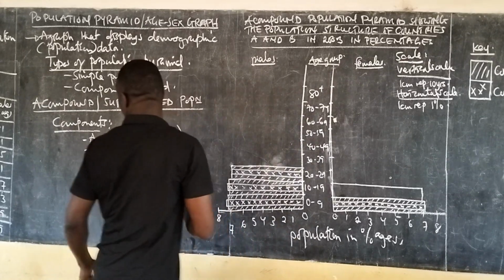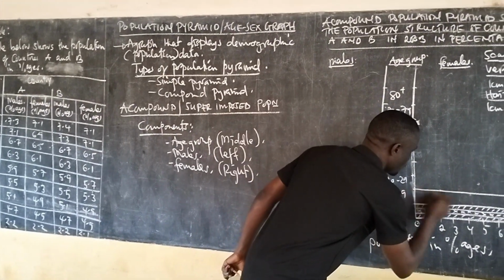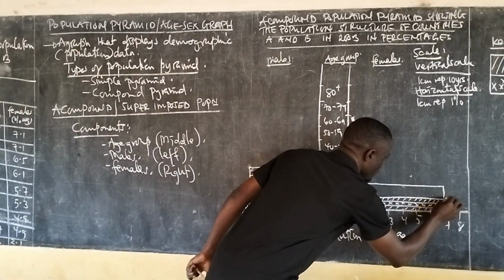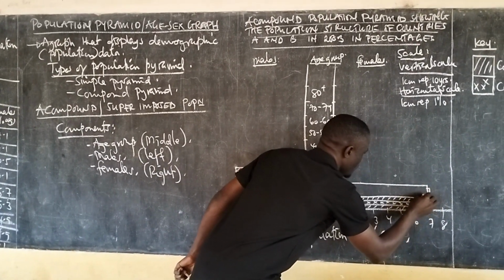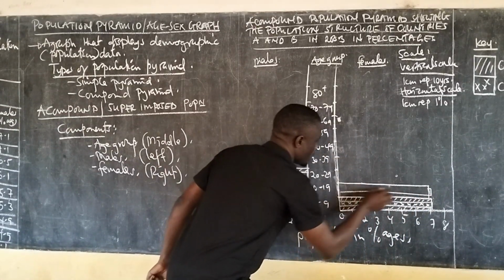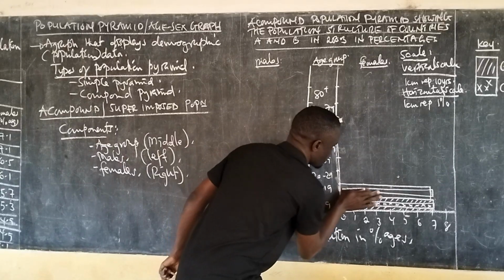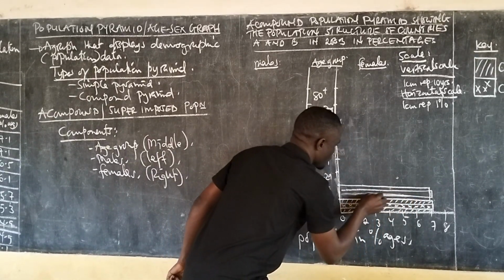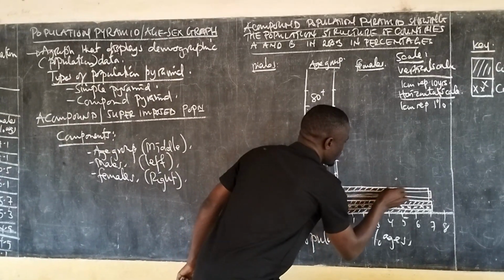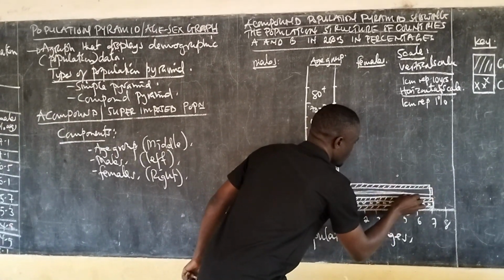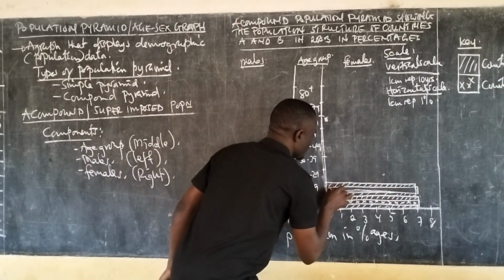We have said 7.1 for country B. 7.1 can be just like the previous one. We shade, we save this one. This shading is for country A. This shading is for country B.